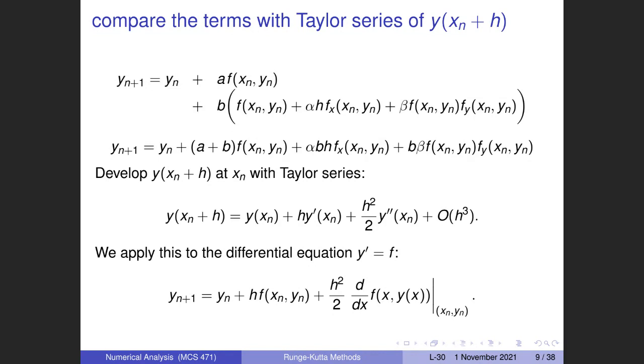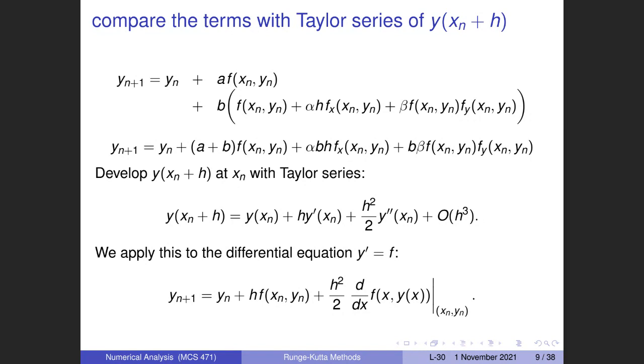We have our Taylor series that we truncate after the second term, so we have an error of h to the power 3. The h and the a plus b have to agree.